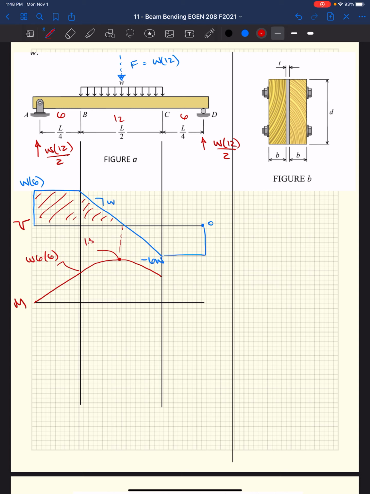Here we have 1.5 times W6 squared. Essentially, we're adding half the area that we had right here, which is W6 squared. So 1 W6 squared plus half of W6 squared is 1.5 W6 squared.